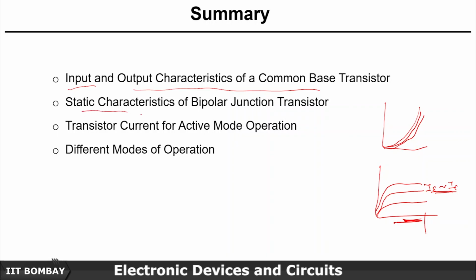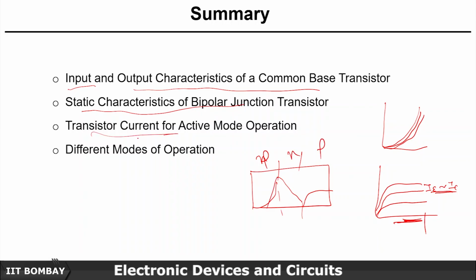Then we talked about the static characteristics of the BJTs, where we discussed how these charge carriers are moving, especially the minority carriers, for NPN and PNP.